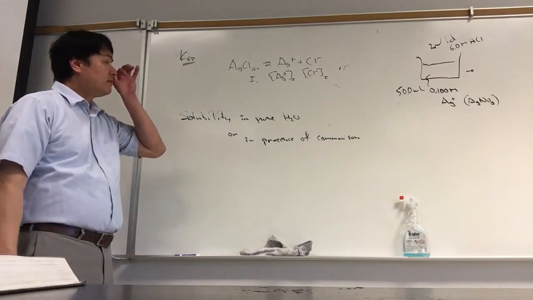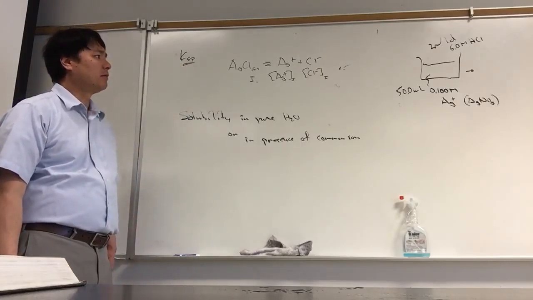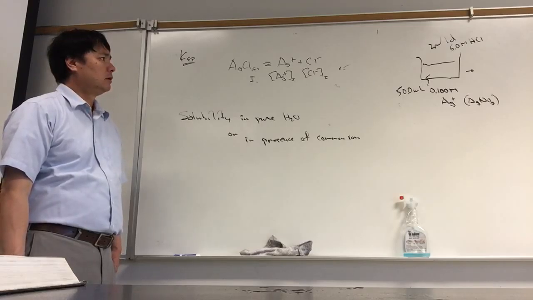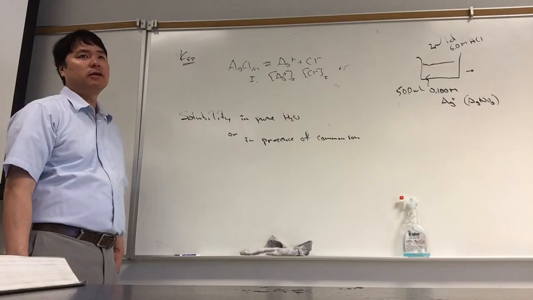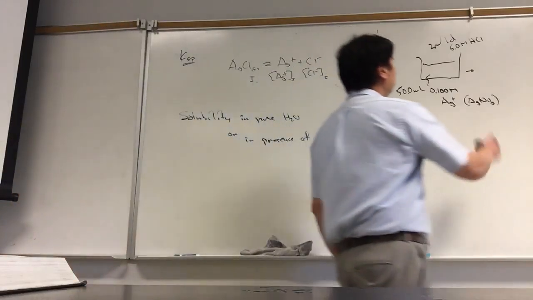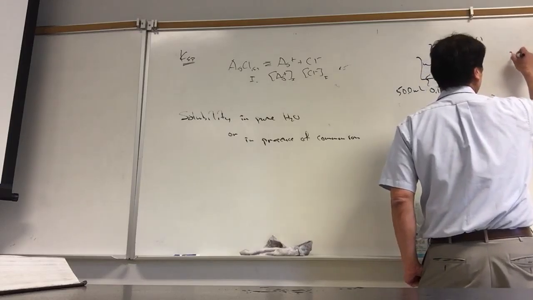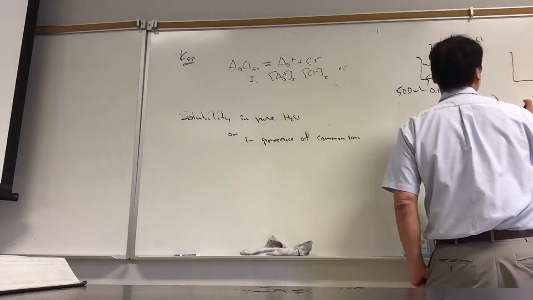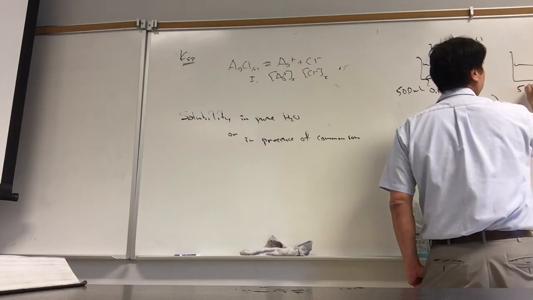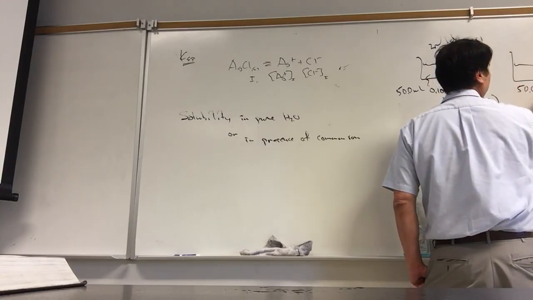This would be an example of a QSP type problem. When I mix this together, is the solution going to be saturated, unsaturated, supersaturated, and precipitated? The first thing we have to do is figure out the new concentrations. We're going to end up with a total volume of 50.05 milliliters.